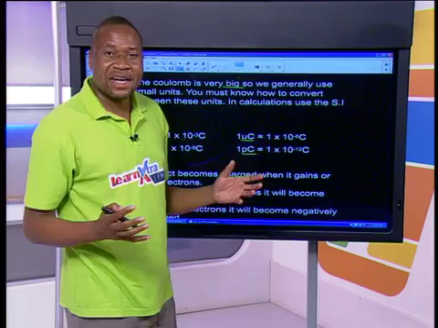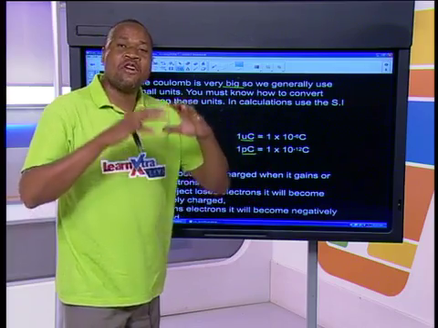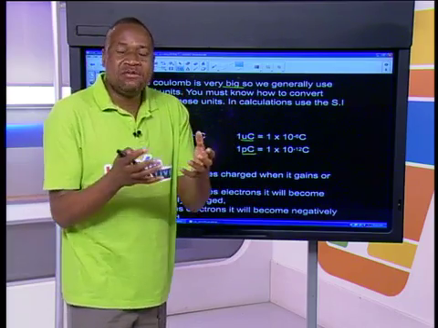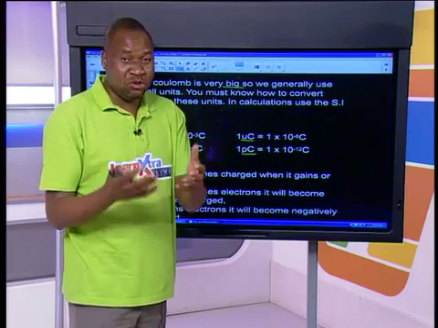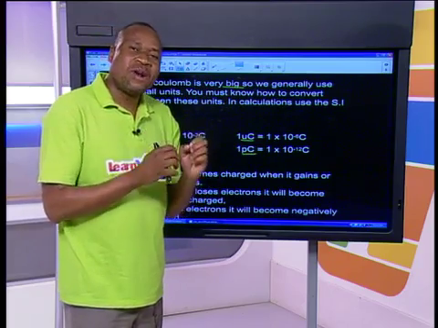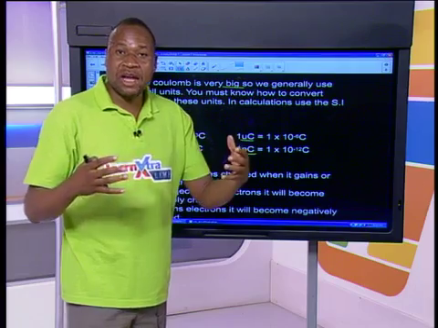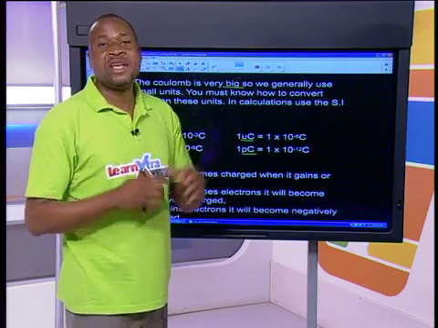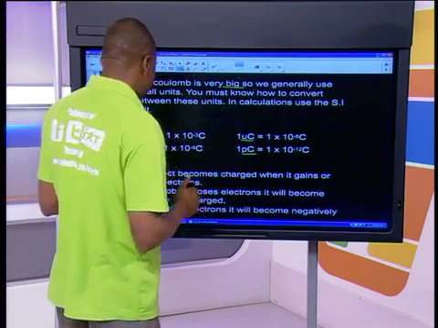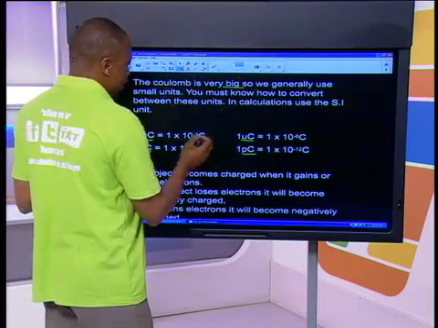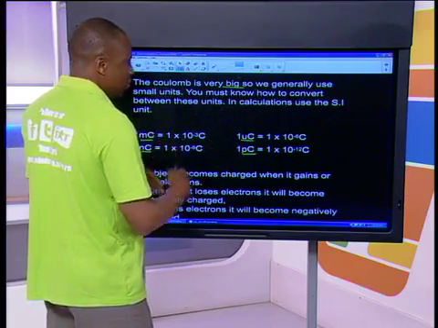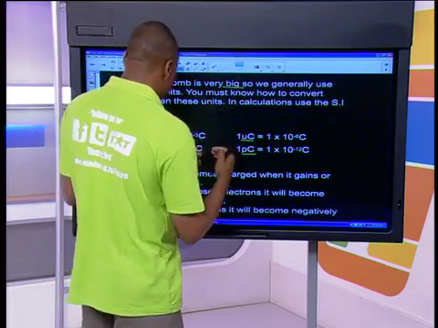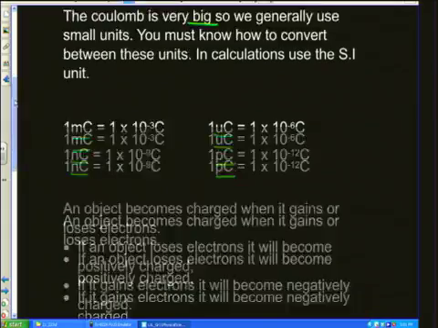What is necessary here is that you need to be able to convert from the unit in which the charge is expressed to the required SI unit. Remember, when we do calculations, we expect you to use the SI unit. So you need to be able to convert from nanocoulombs, millicoulombs, microcoulombs, and picocoulombs to coulombs. All right.